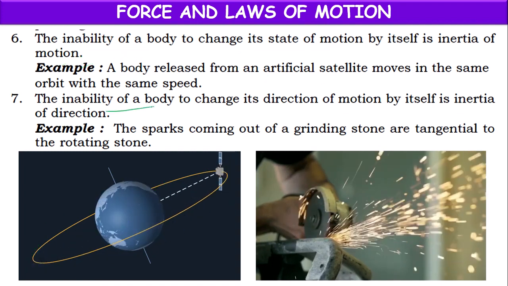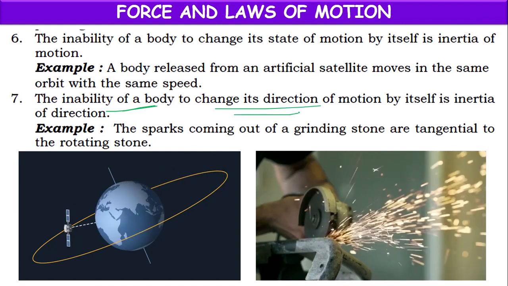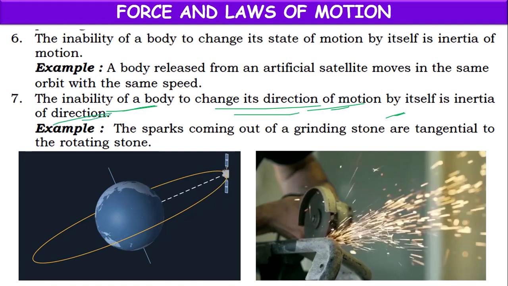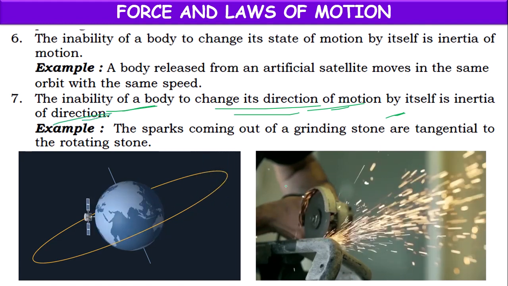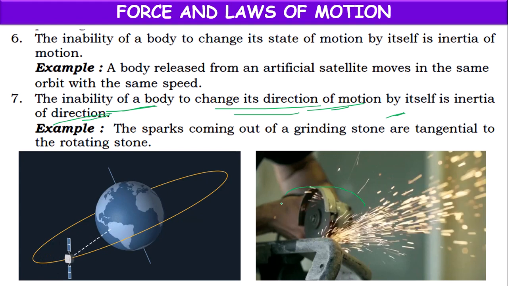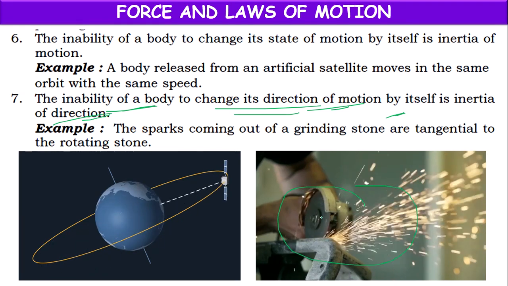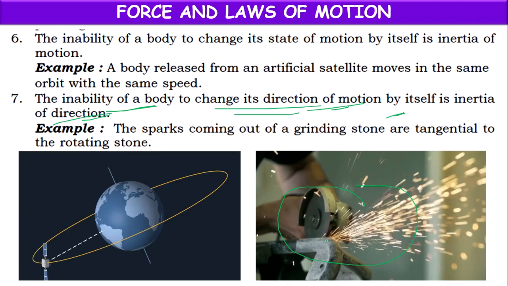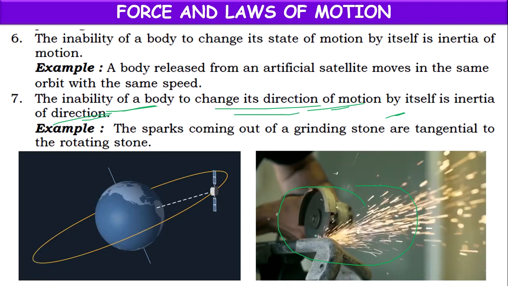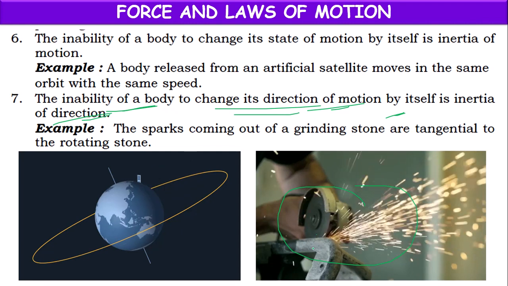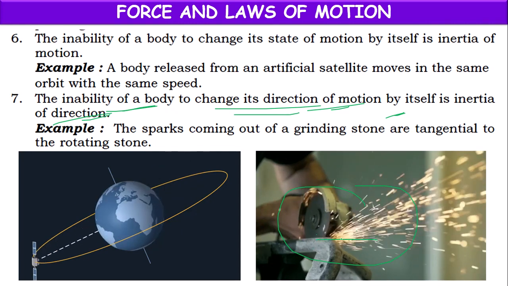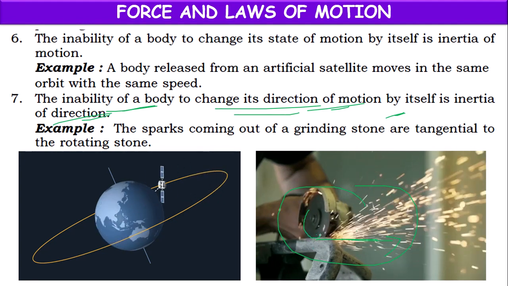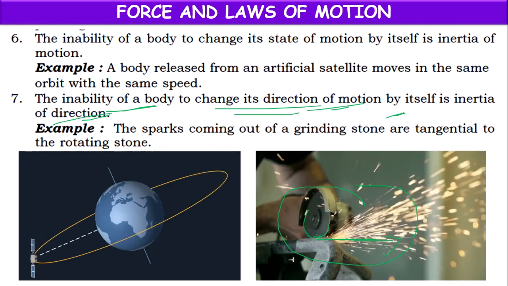Or the inability of a body to change its direction of motion by itself is called inertia of direction. Suppose here you can observe the sparks coming out from the grinding stone. In the lower part, when it is touching this iron body, the sparks are coming out. The wheel is touching the iron body at the bottom and is going up.